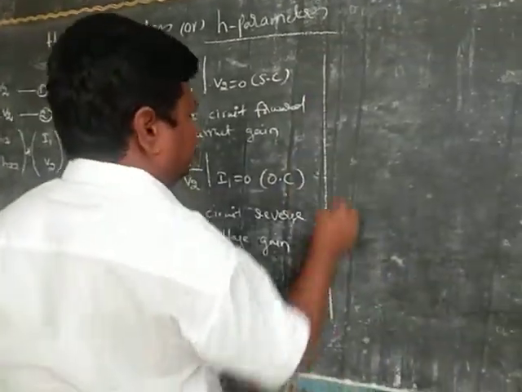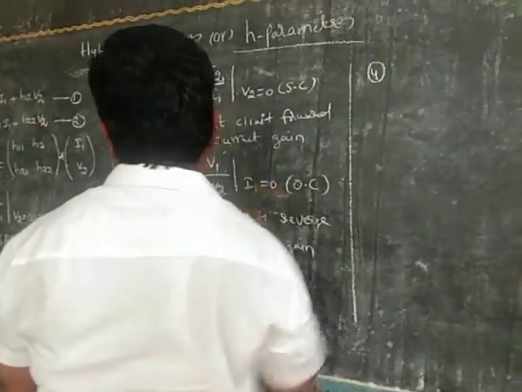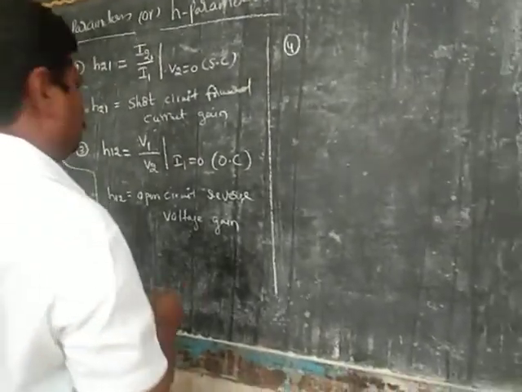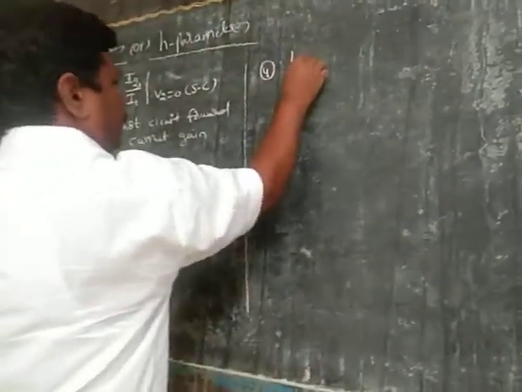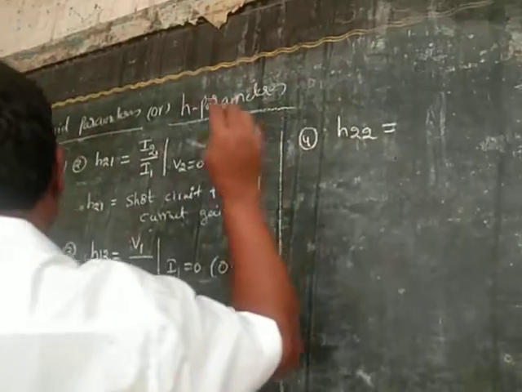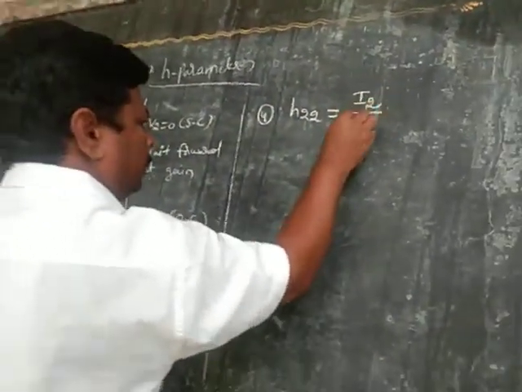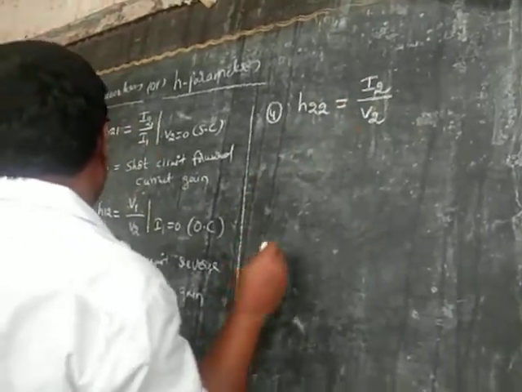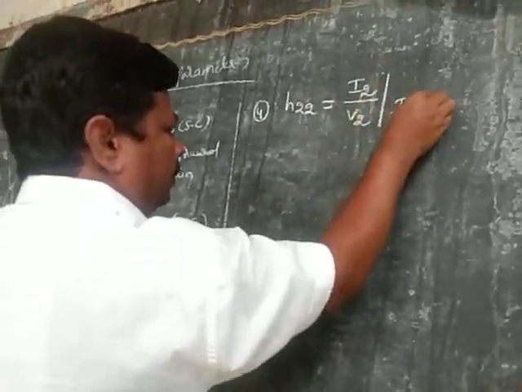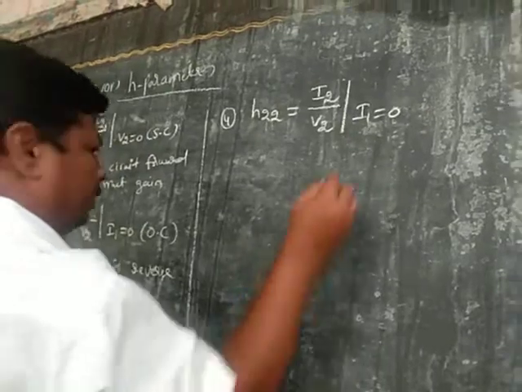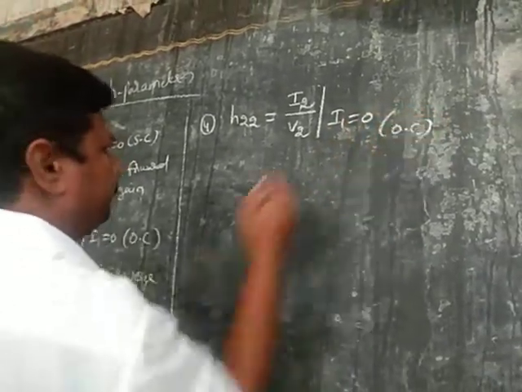And coming to the fourth parameter, H22. H22 is equal to I2 by V2 when I1 is equal to 0. That is open circuit.